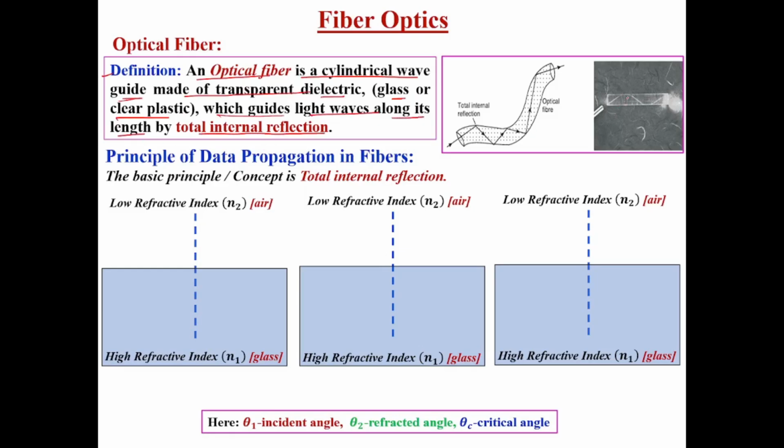You can see this one. This is the glass, and here the light signal is propagated through this tube or waveguide by total internal reflection. From this figure also you can understand.